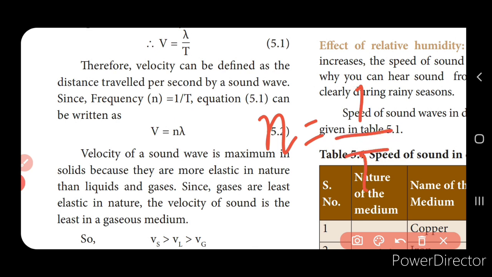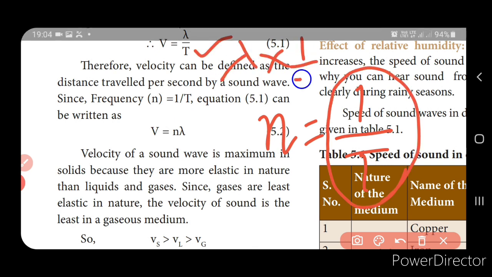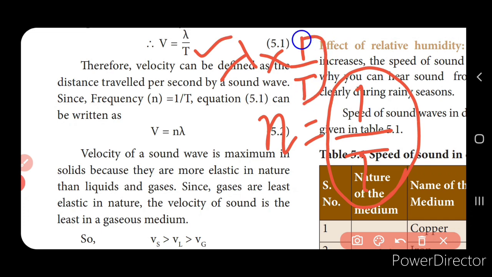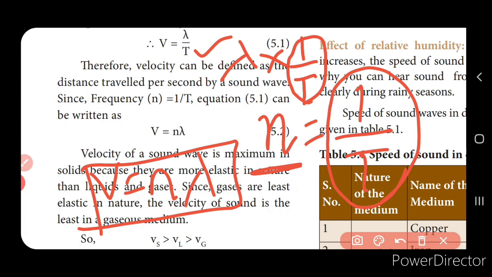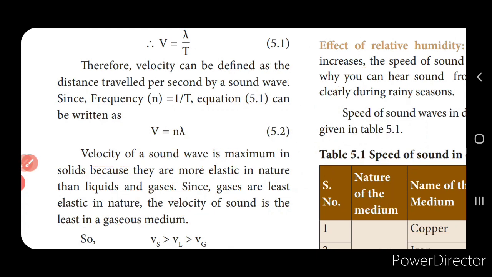So this can also be written as lambda into 1 by T, and instead of 1 by T, I'll substitute n. So the equation is V is equal to n lambda. This equation gives you the velocity of the sound.